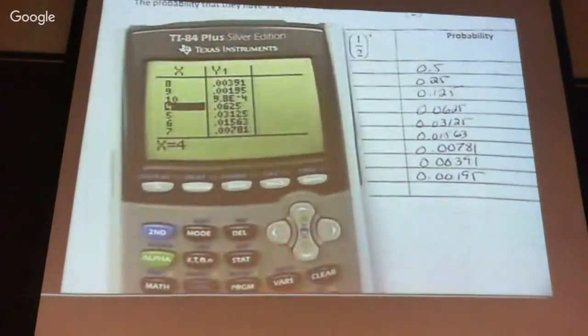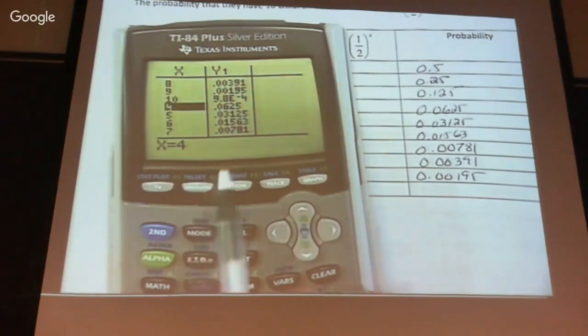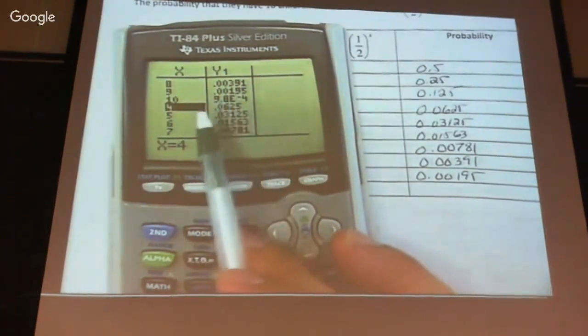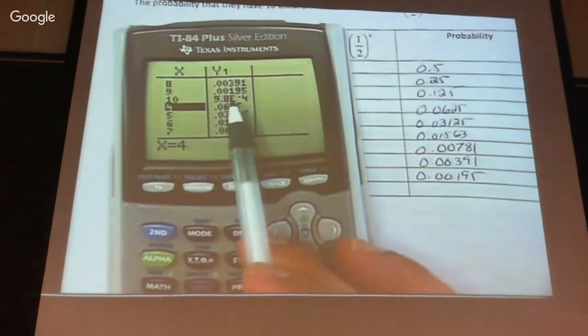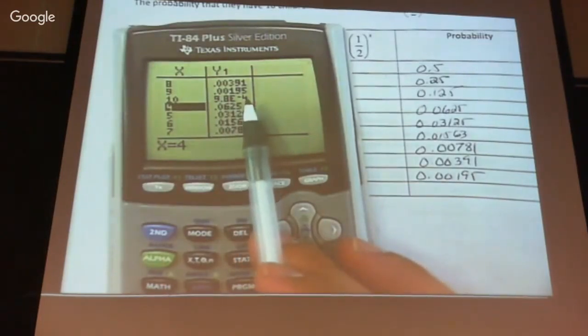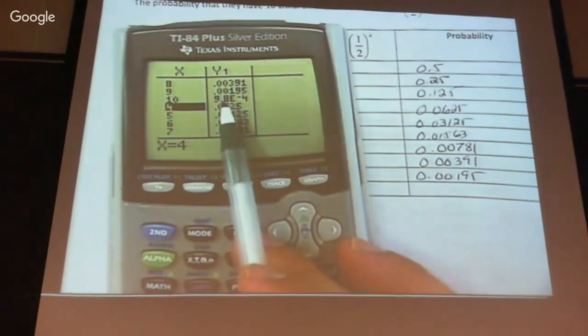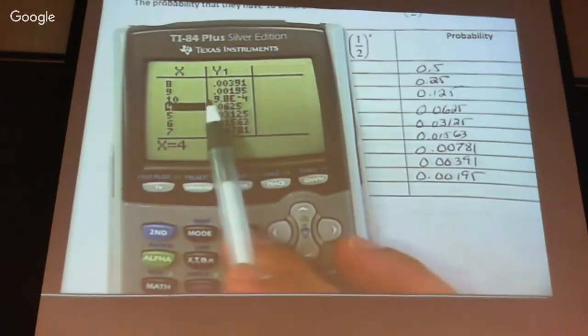When you get to 10, something interesting happens. The number gets really, really small, and it turns it into something like scientific notation. What's e to the negative 4 mean? Start at the decimal, and negative 4 means to the left 4. It doesn't mean 4 zeros, it means 4 movements.